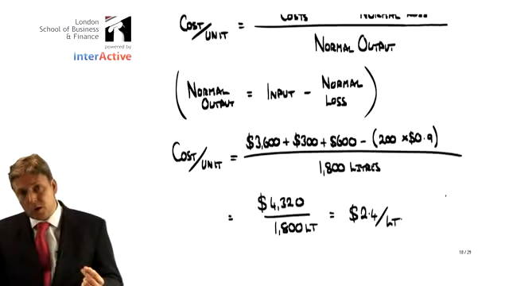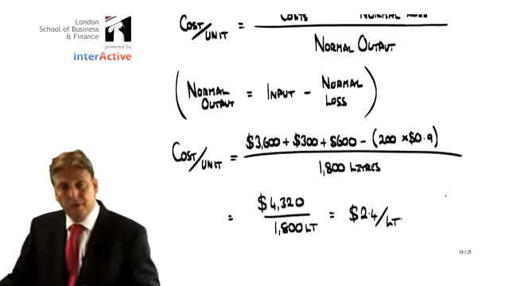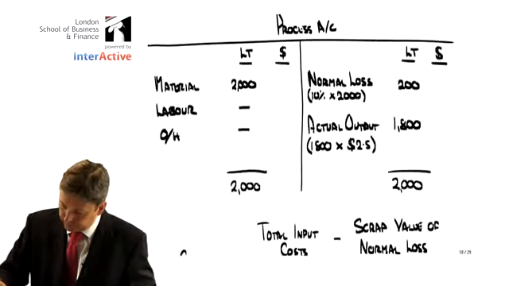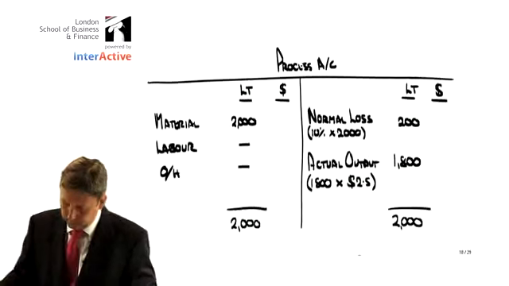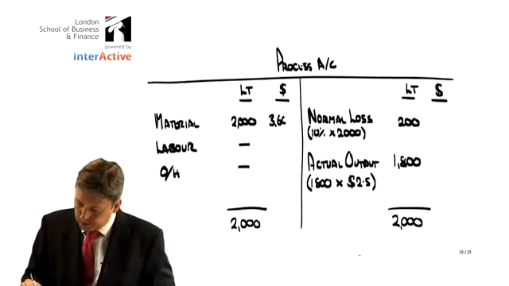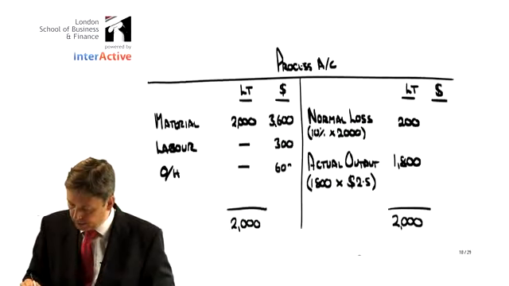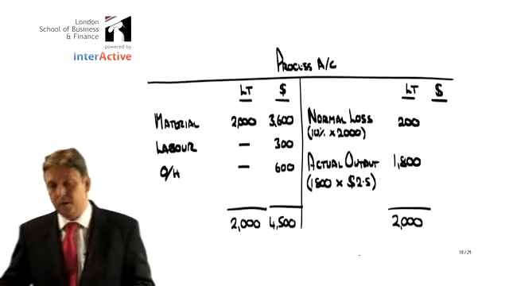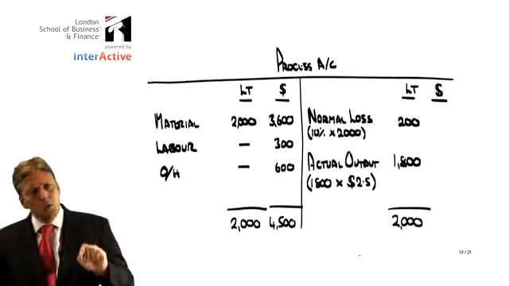Okay, once we have our cost per unit, we can easily go and fill in the rest of the process account. If we're looking at materials, 3,600, labour 300, and overhead 600. Total input costs of 4,500. Normal loss.